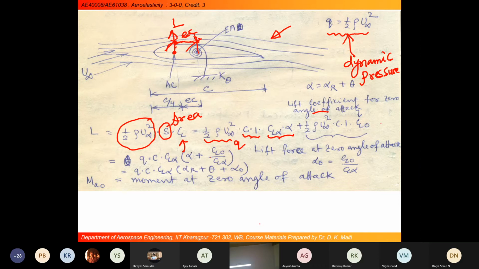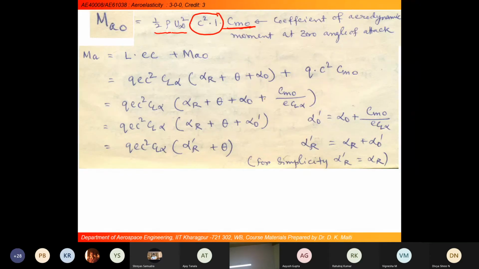Usually for subsonic aerodynamics, the aerodynamic center is at the quarter chord point, and eccentricity we are considering E into C. So due to this lift force, whatever moment will be there at the elastic axis is lift multiplied by E into C, that is the distance between the elastic axis and the aerodynamic center, and Ma naught. And this Ma naught is the aerodynamic moment at the aerodynamic center.